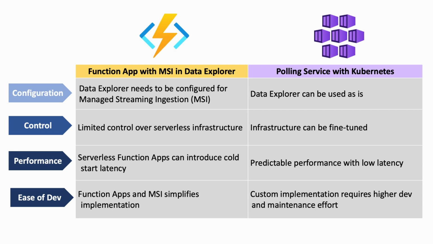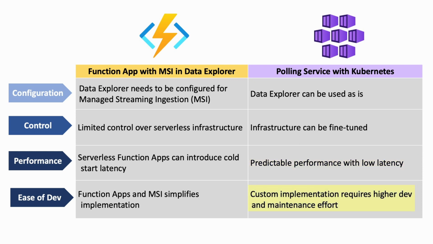The second option talks about developing a polling application and deploying it on Azure Kubernetes Service. Data Explorer can be used as is without any elaborate configuration. Hosting your application on AKS gives you more control over the infrastructure, allowing for fine-tuning and optimization. With a dedicated infrastructure, you can have more predictable performance, especially when low latency is critical.